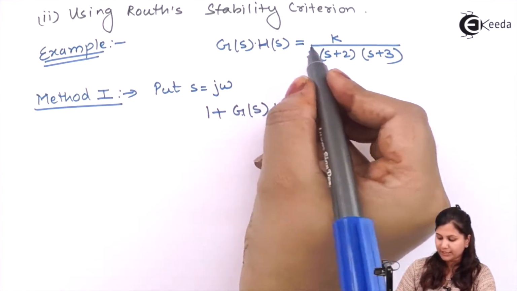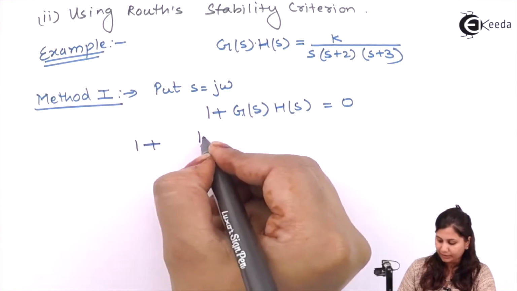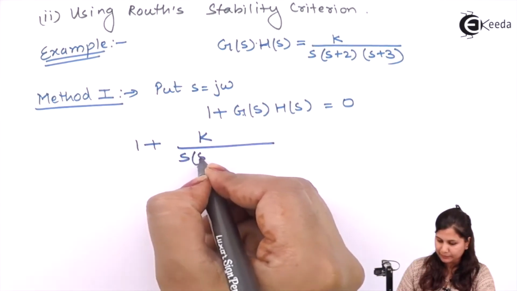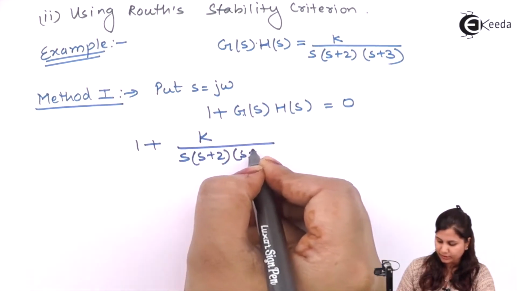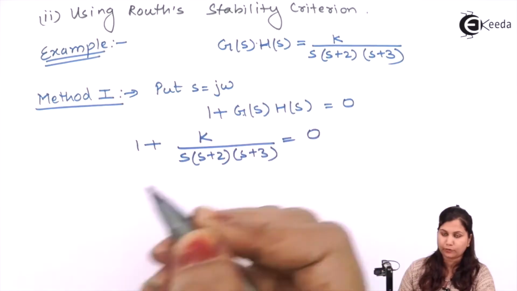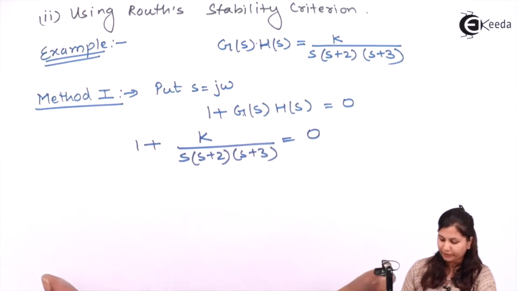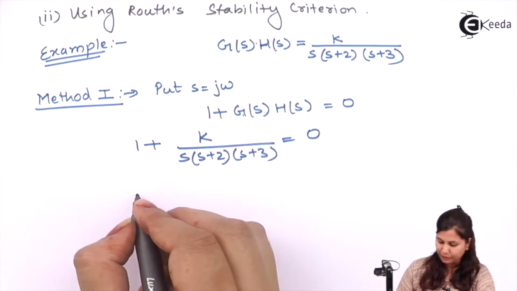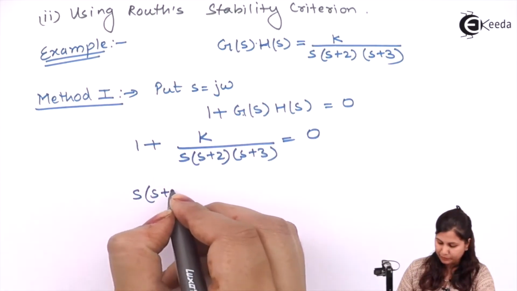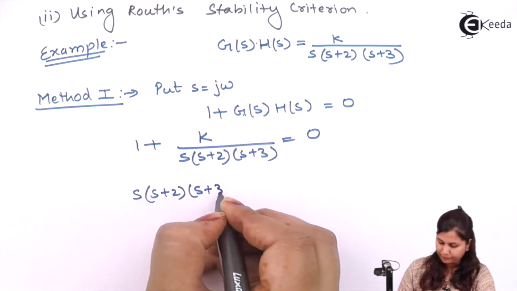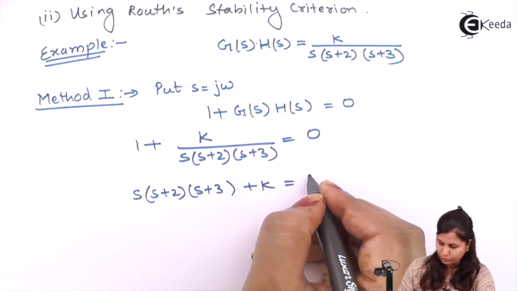Putting the value of G(s)H(s) from here, we have 1 plus K upon s(s plus 2)(s plus 3) equals to 0. Solve it to obtain the simplified characteristic equation. We have s(s plus 2)(s plus 3) plus K equals to 0.